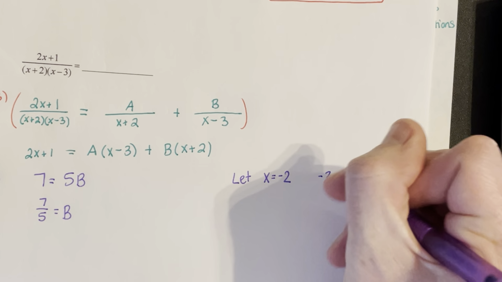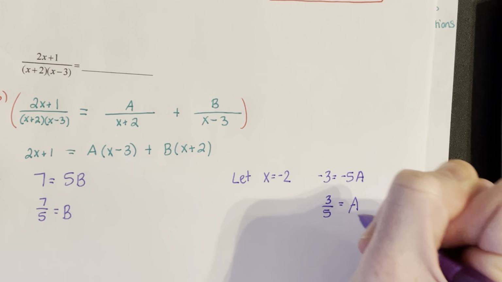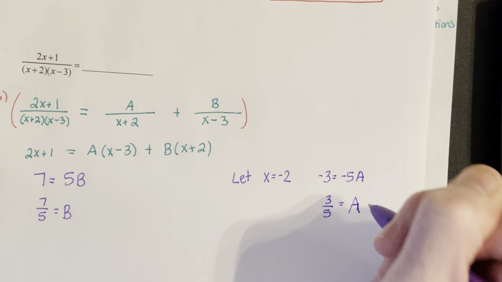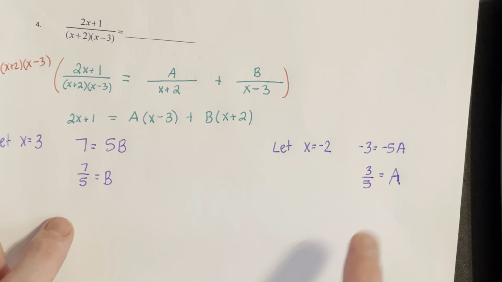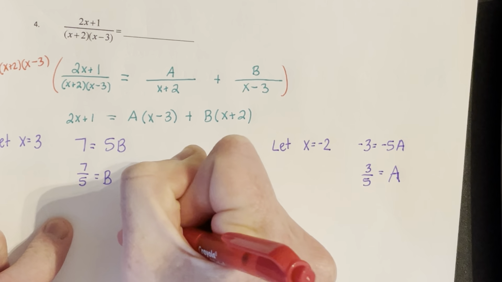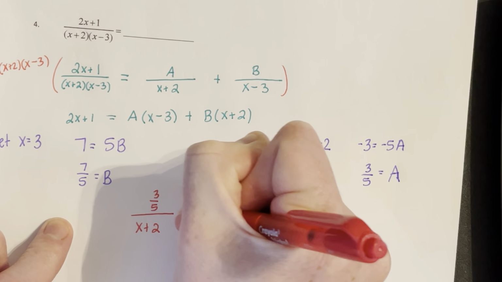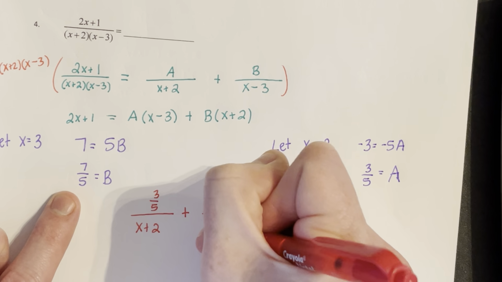And if I work this out, I divide by negative 5, so I'd end up with a positive 3/5. Those are our two numerators. And if I set this up, a is 3/5 over x plus 2 plus 7/5 over x minus 3.